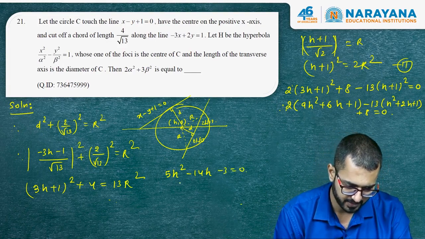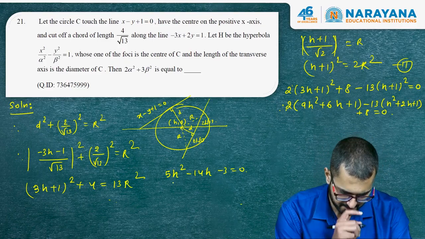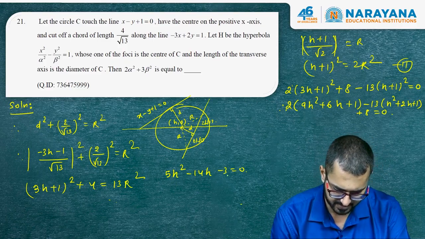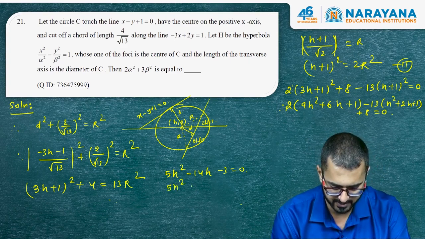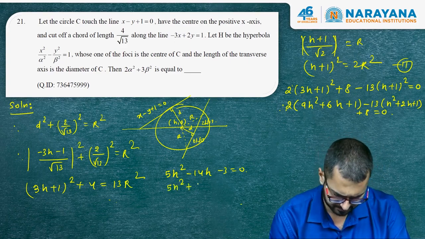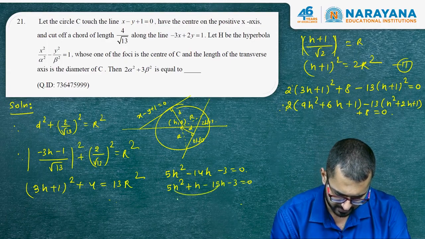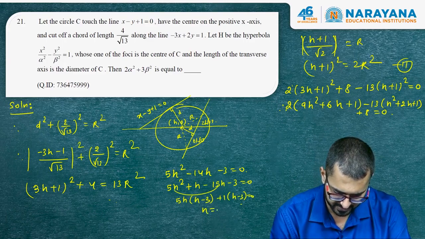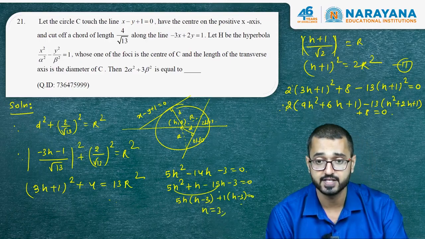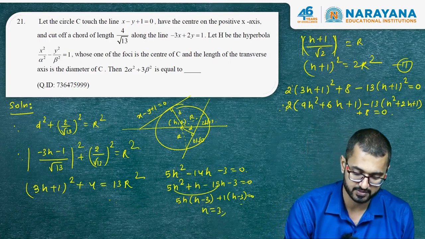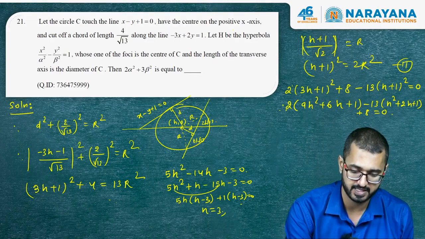So from here we will be getting 5h² − 15h − 3... so 5h² plus h minus 15h minus 3 equal to 0. From here we'll take 5h common, so 5h(h − 3) plus 1 common, (h − 3) equal to 0. So we get h is equal to 3, and h is equal to −1/5 will be rejected because that's not on the positive x-axis.